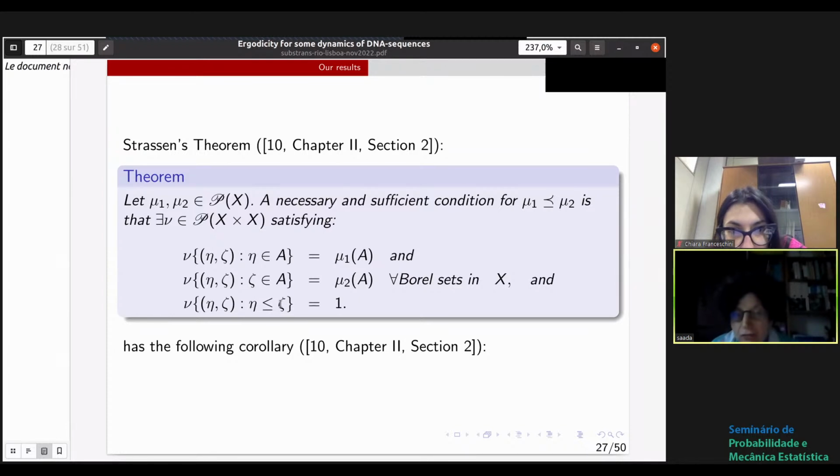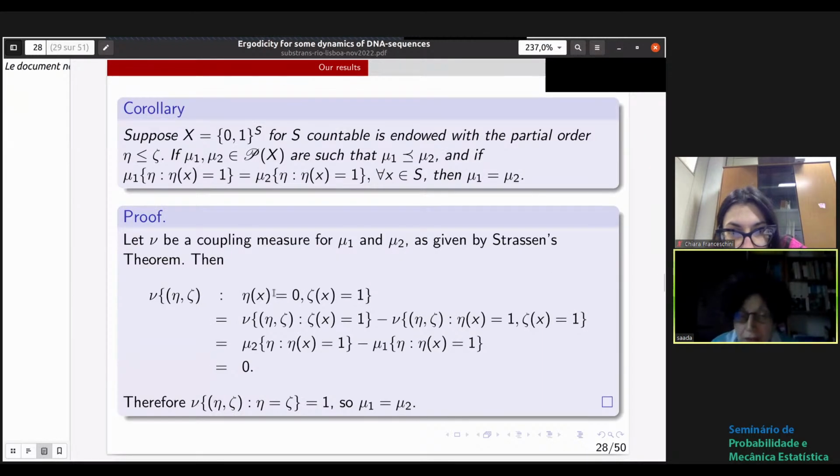And what's interesting for us is the following corollary: if X has two values, and we have the partial order eta less than xi, and mu1 is less than mu2, and if mu1 of eta x equal 1 is equal to mu2 of eta x equal 1 for any x, then mu1 is equal to mu2. So that's a kind of strange result.